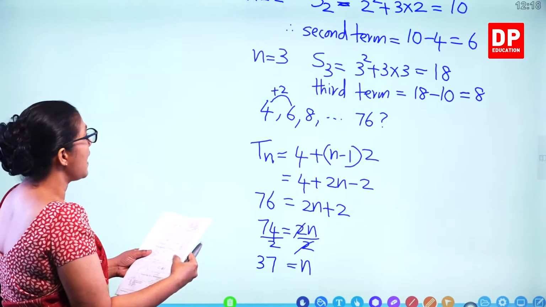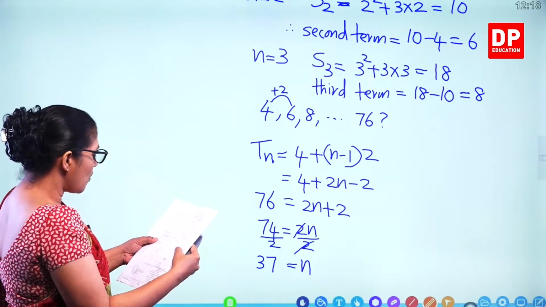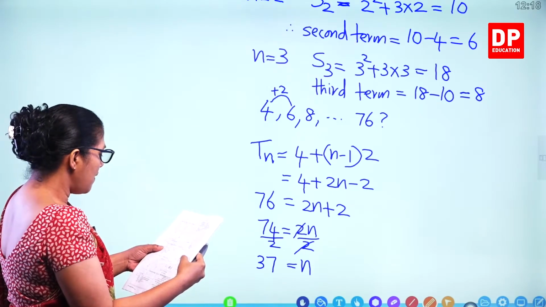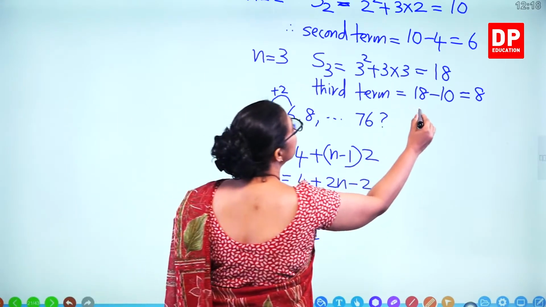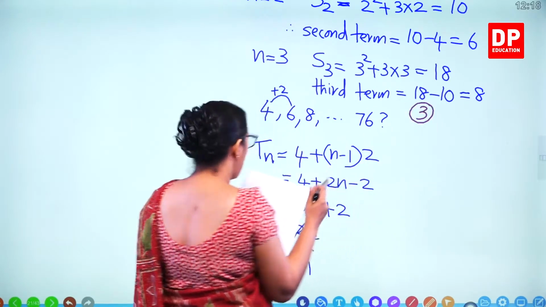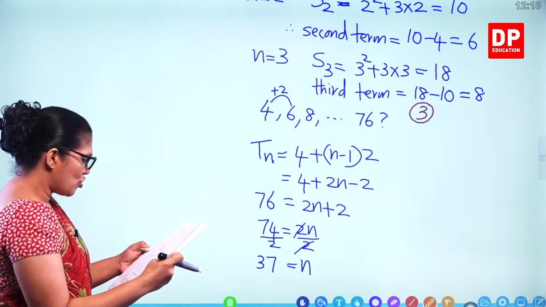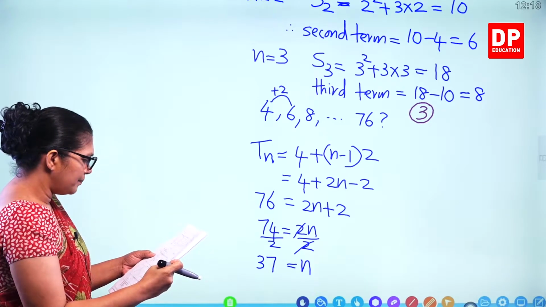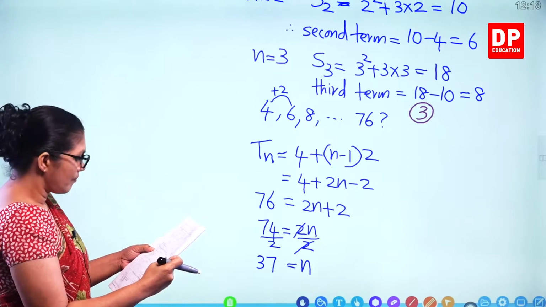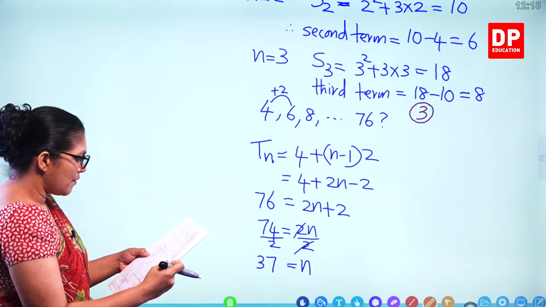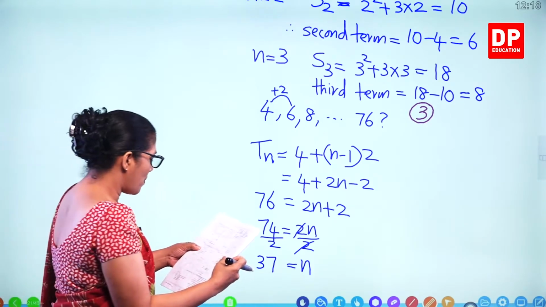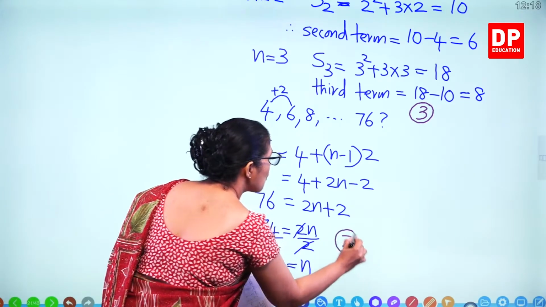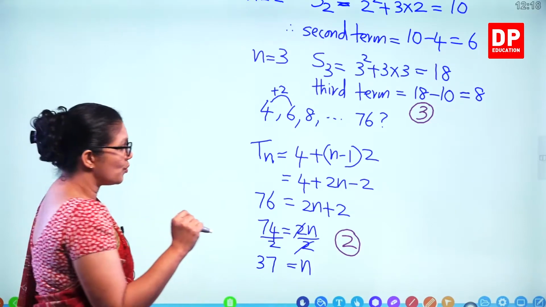For 4, 6, 8, getting the sequence, we can give 3 marks. And for which term this is, we can use the formula and find 37, that's 2 marks. So we gave 5 marks for these two.